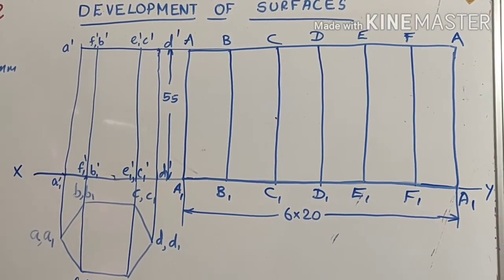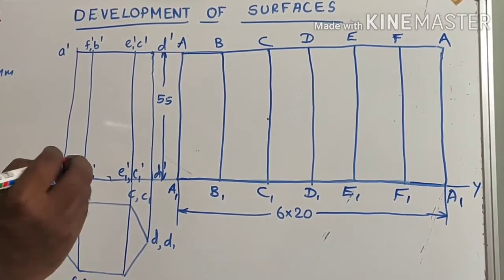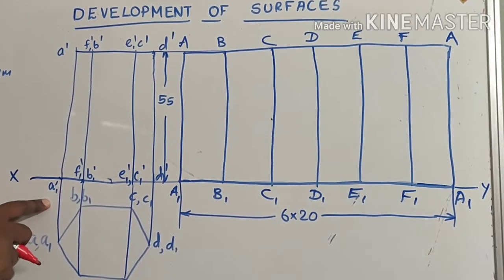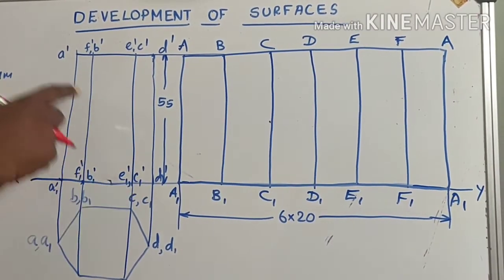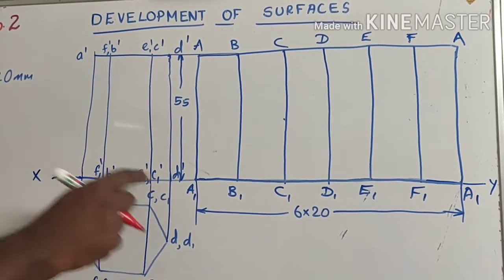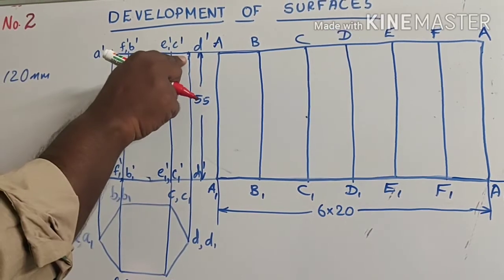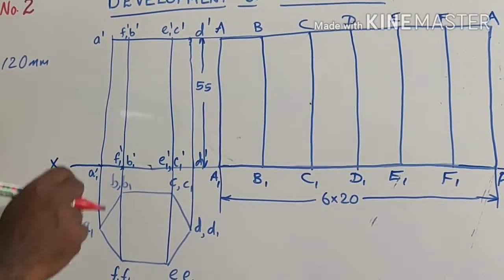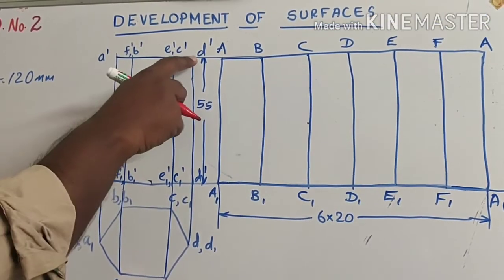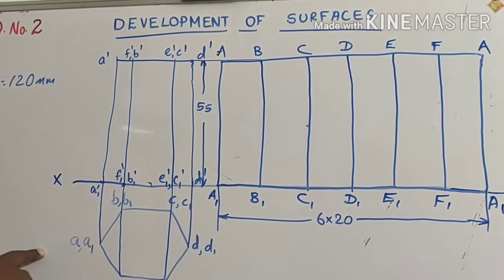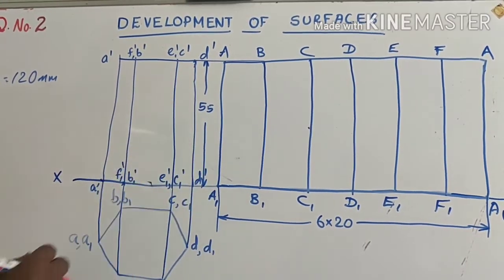Now, I have told you that the ant is moving from either A1 to D or D1 to A. Both are possible because it is starting from a bottom base corner to the opposite top base corner. So assume that it is starting from A1 to D. A1 to D means there are two possibilities.